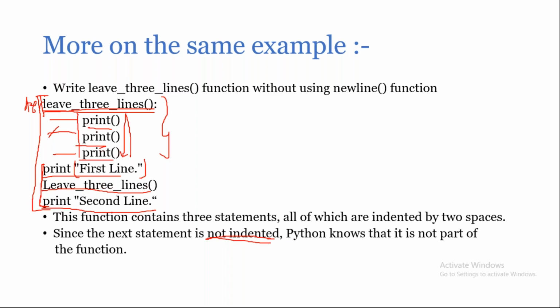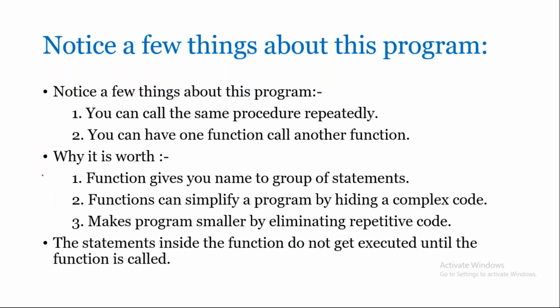Anything after the definition that is indented tells that you are still writing your code for the function only. The moment you are not indented, you tell Python that I'm not inside the function anymore, I'm outside the function, right? Okay. So now we'll try to understand the usability of the function.